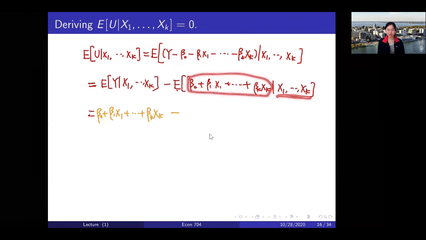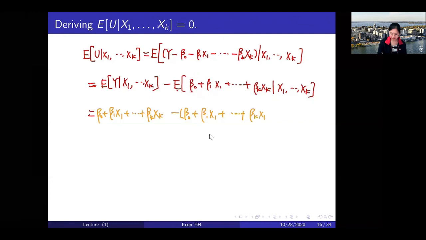So given the value of the covariates, the value of this function is no longer random. If it's no longer random, then the expectation of it equals itself. So that is also equal to beta 0 plus beta 1 x1 plus ... plus beta k xk. And that difference is clearly 0.